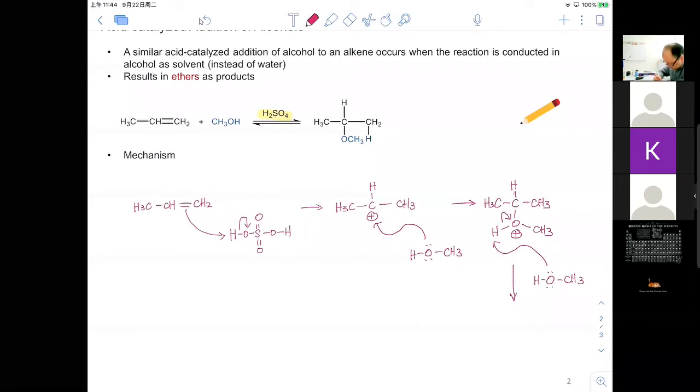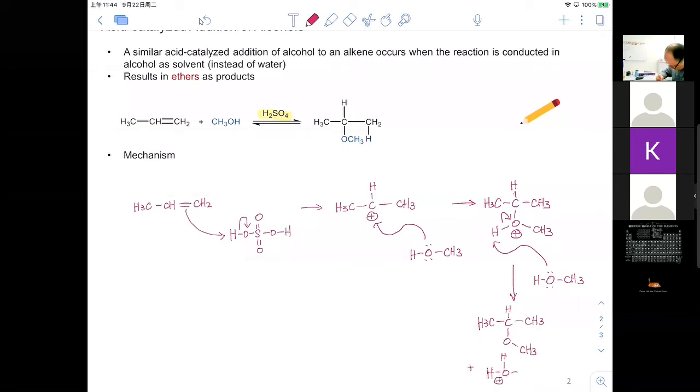So you have your product, and then you have a protonated methanol.